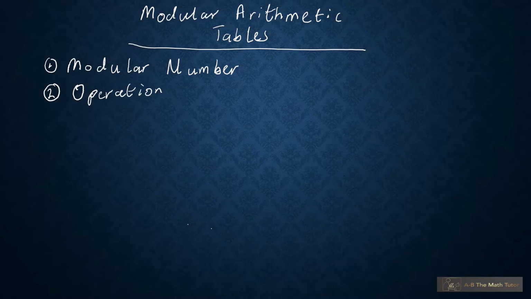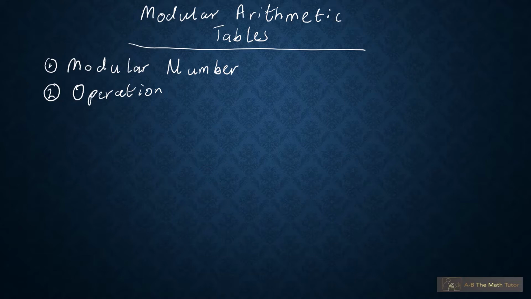The modular number is simply the number which every answer obtained within the table will be subjected to in terms of its modulo. So if we are constructing a table in modulo 5, whatever operation we perform and get an answer, we will use that answer in modulo 5. And then that final answer, when we operate the resulting answer in modulo 5, will now be used in the actual table. And the operation can either be multiplication or addition, depending on which operation you want to use for your table.